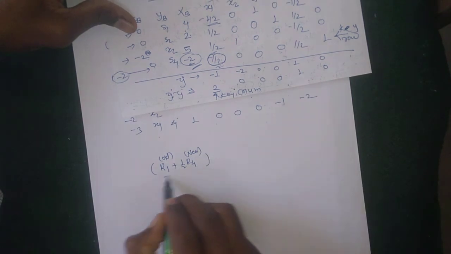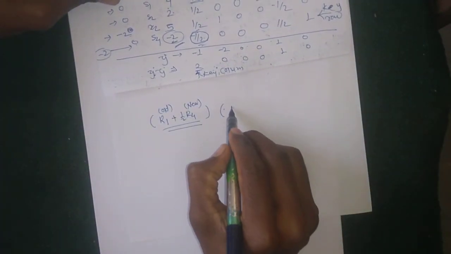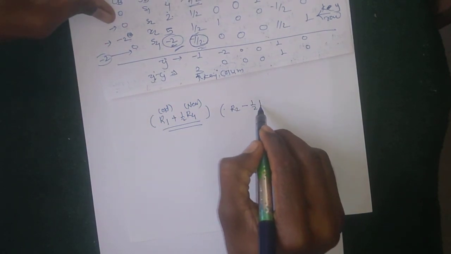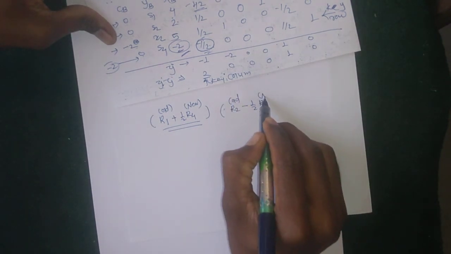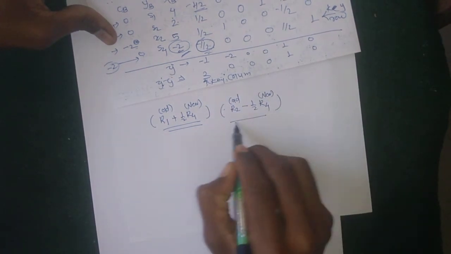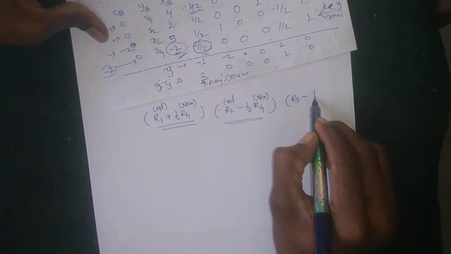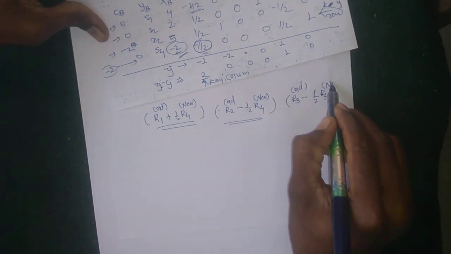The next operation is R2 minus 1 by 2 R4, this is old, this is new. And the last one is R3 minus 1 by 2 R4, this is old and this is new.